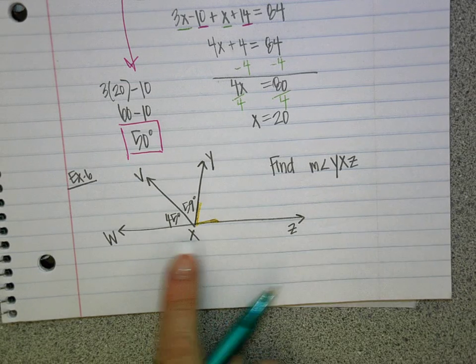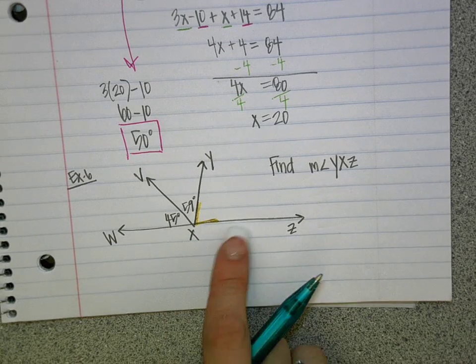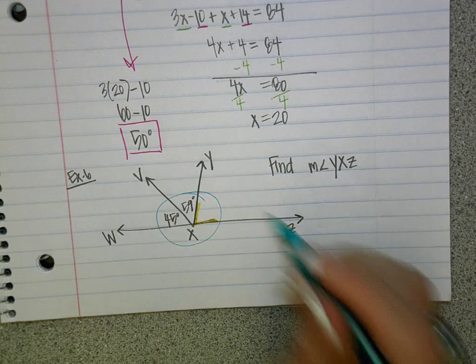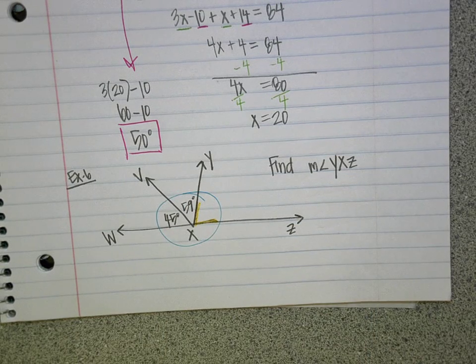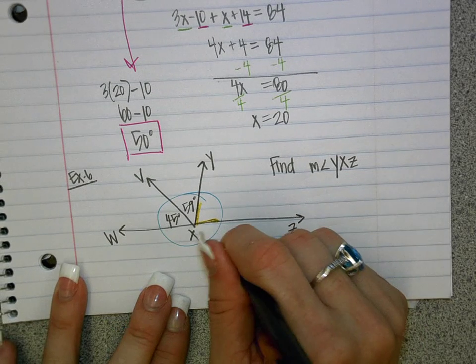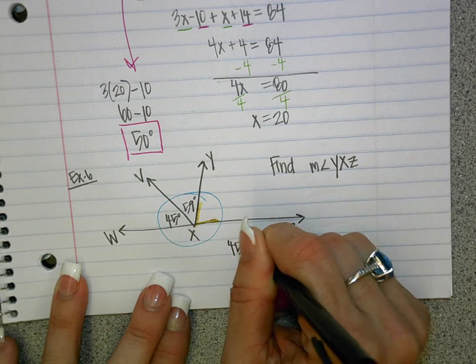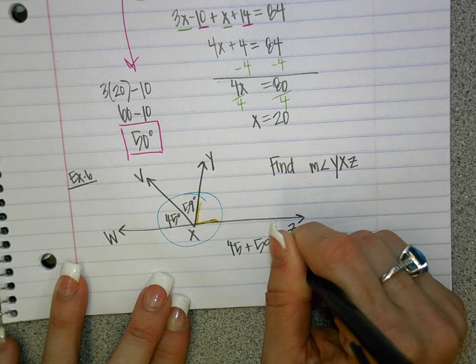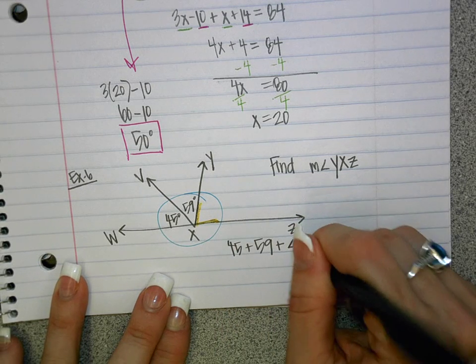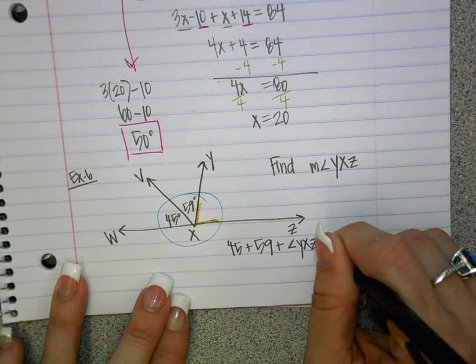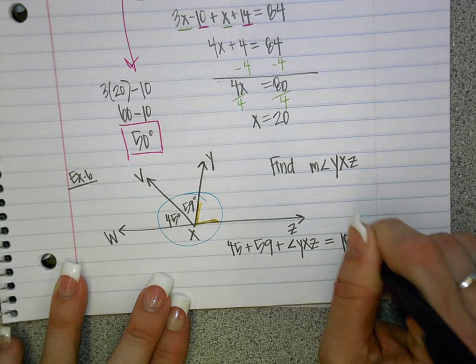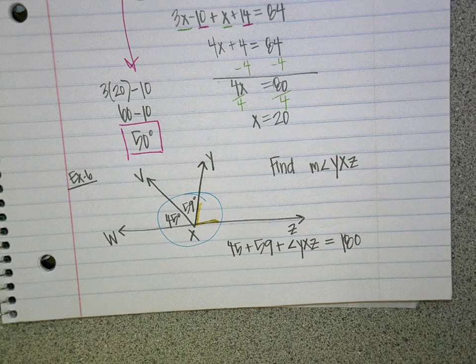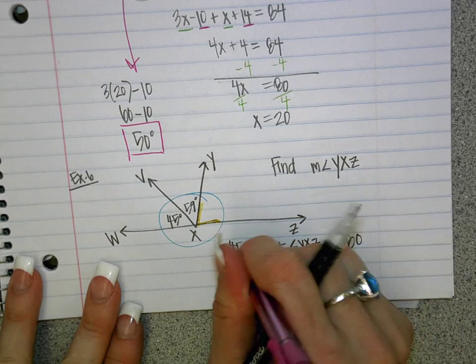What do you know about the whole thing altogether? All of them together would equal 180. So you could set up that equation. 45 plus 59 plus angle YXZ is equal to 180. Then you would combine your like terms, so 45 and 59.